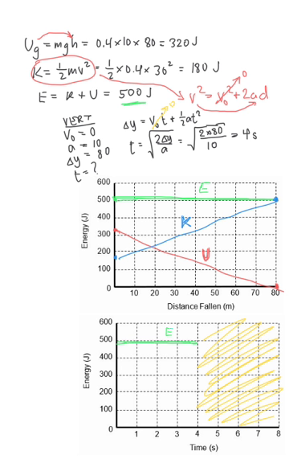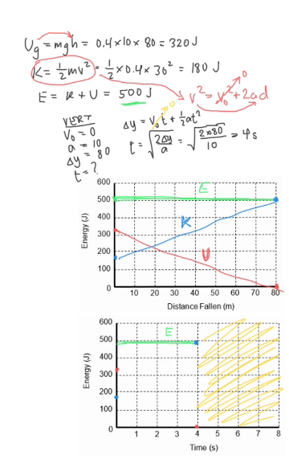And we also know that when it was first launched, the potential energy was 320, and the kinetic energy was 180. When it lands, the potential energy is 0, so we can put the dot down there, and the kinetic energy is 500, because all that mechanical energy is kinetic at that point.